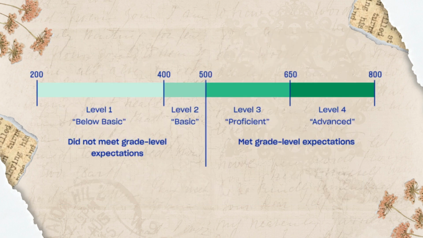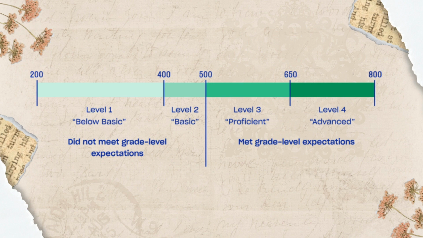Or perhaps you've seen a grading scale that looks like this. This is actually one of the grading scales for a standardized test. Do you notice anything odd here? A 500 out of 800 is considered proficient. That's a 62.5%.